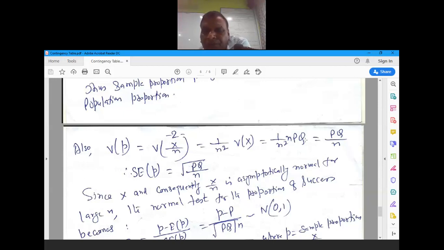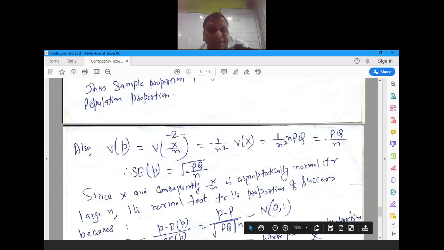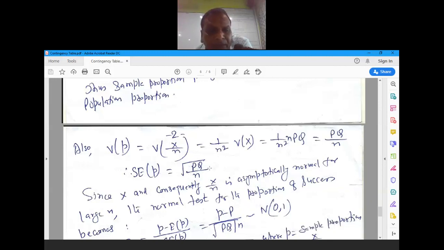So here 1 upon n square into npq, so n is cancelled out, and it remains as such pq upon n. So the standard error for p is equal to the square root of pq upon n.